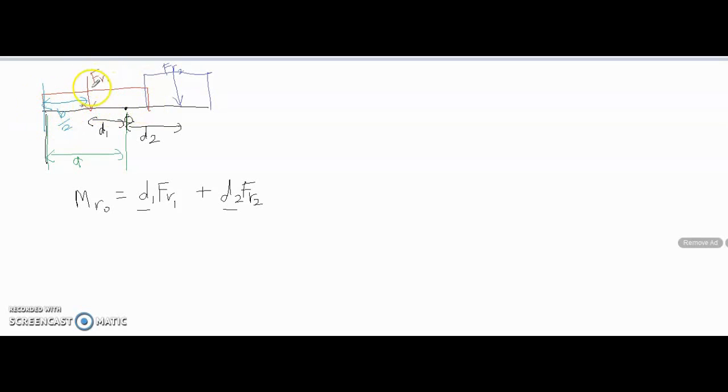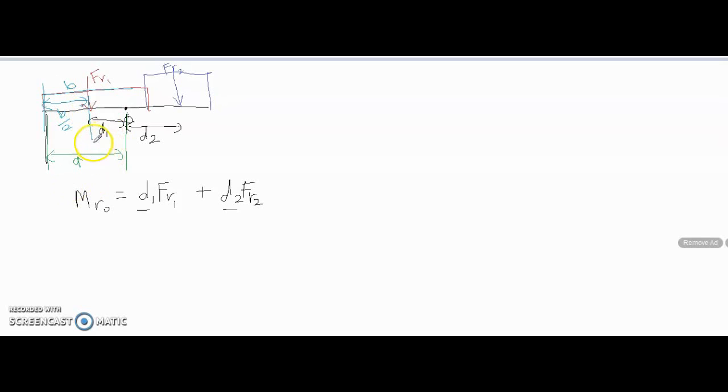So Fr1 is at the center, along here is B, so the center is B over 2.